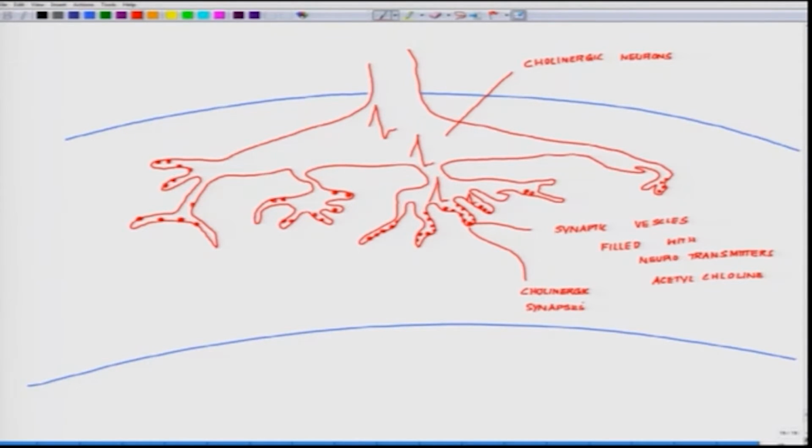Now, at the cholinergic synapses, when the electrical signal reaches here, these neurotransmitters are secreted into the synaptic space.